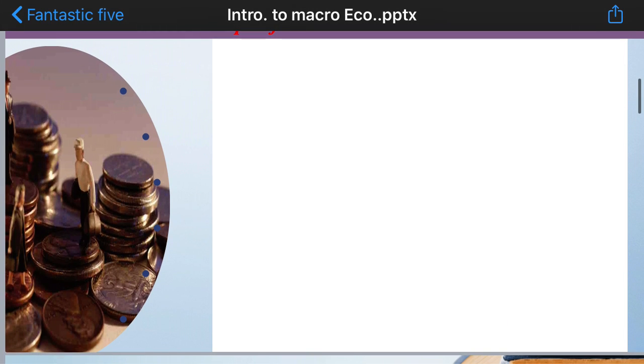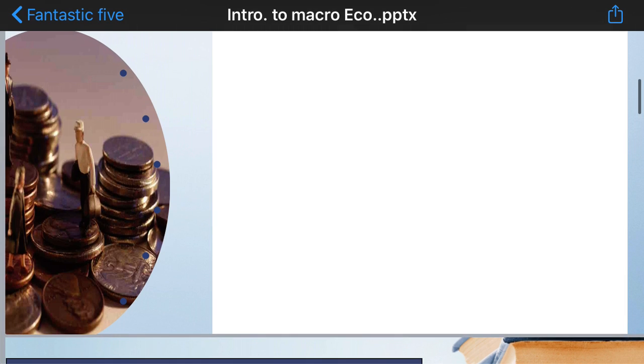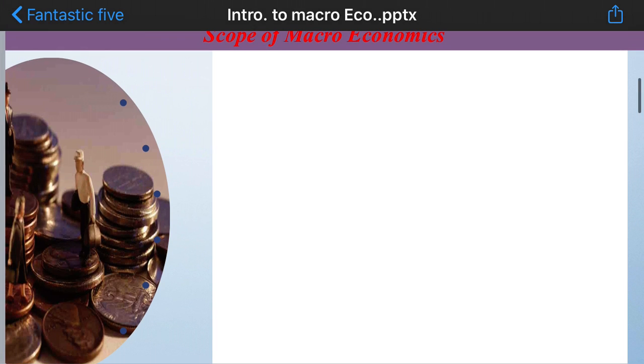Next, it helps us to study the economic growth and development of an economy, and the factors determining them could be understood only through macro analysis. Last one, economic policies. Macroeconomics is significant for evolving suitable economic policies. What policy we can follow, what policy we can introduce, for that macroeconomics is very helpful.